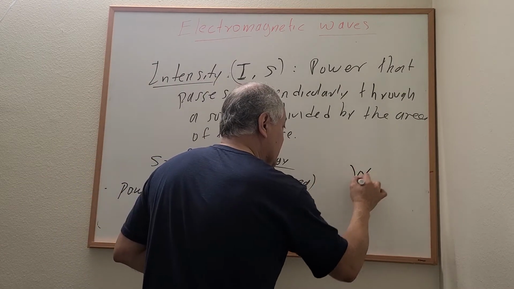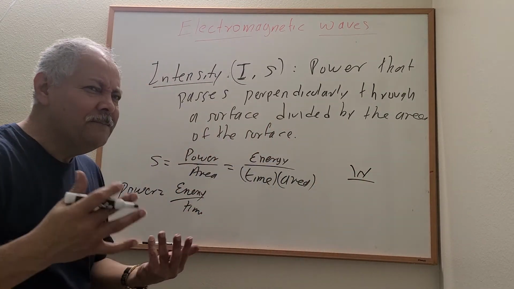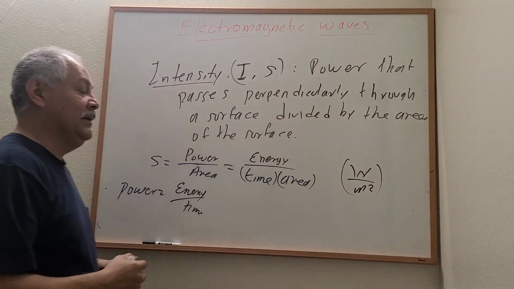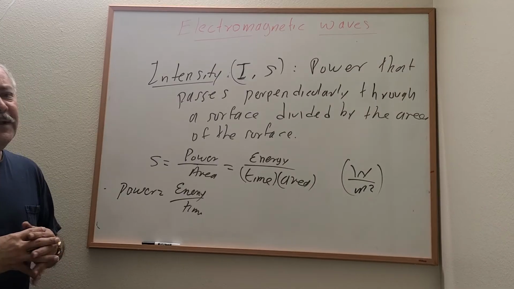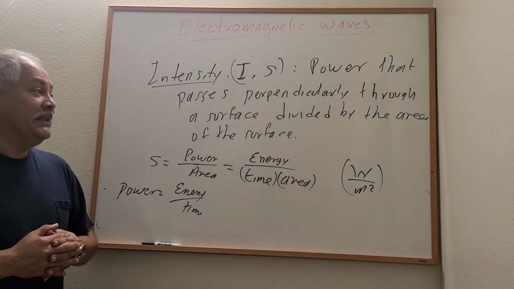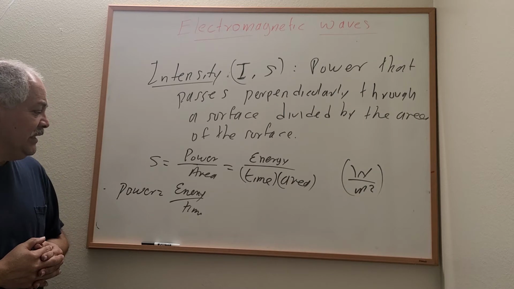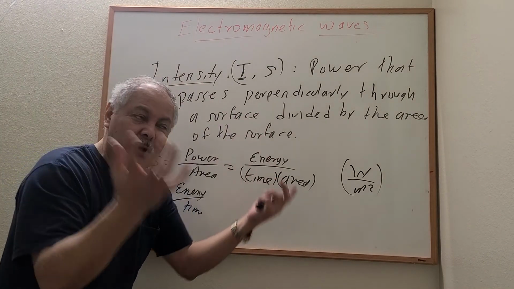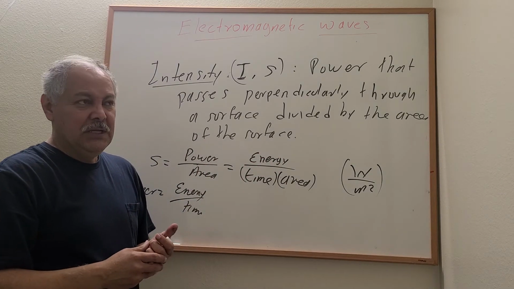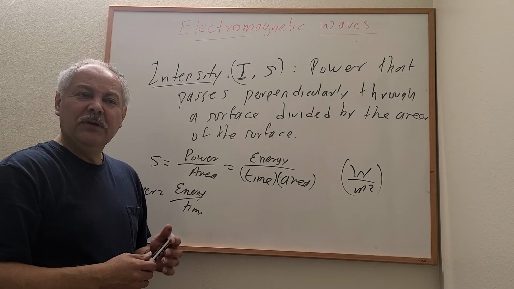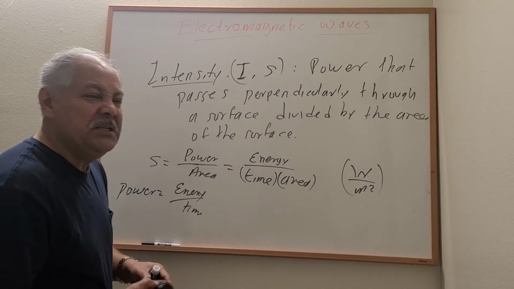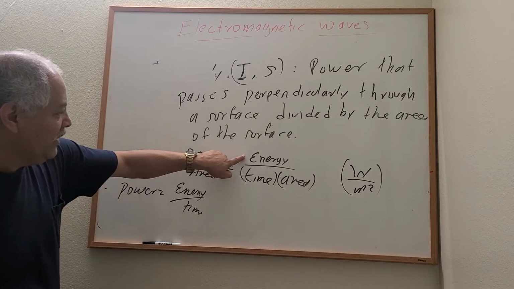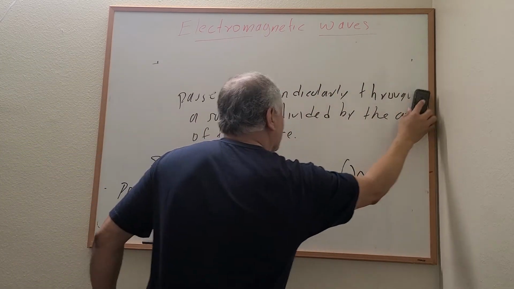The unit of area is meters squared. Those should be the units of intensity. Okay, great. Now let's see what happens when we're dealing with both, involving the energy per unit volume, which is the energy density. Let's apply that definition right here, because right here we have energy. Perfect.